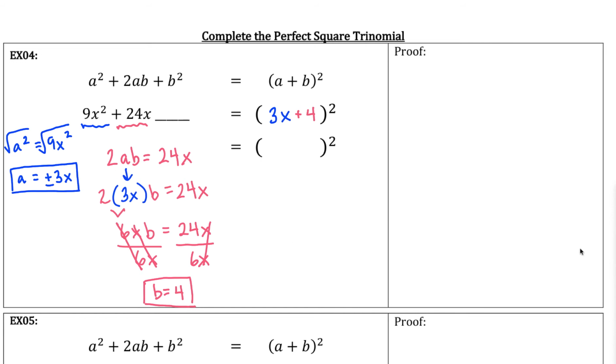And then let's do this next one. Let's do purple, I guess. So let's say that 2ab is, well, it's 24x. But instead of using a 3x, I'm going to use negative 3x.